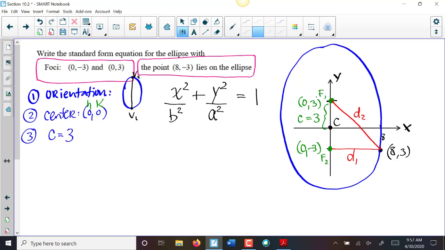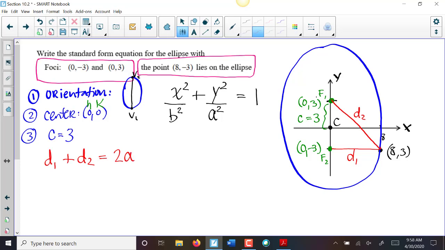I know by the definition that the sum of those two distances is constant, and that sum is equal to the length of the major axis. So D1 plus D2 is equal to 2a, the length of the major axis.